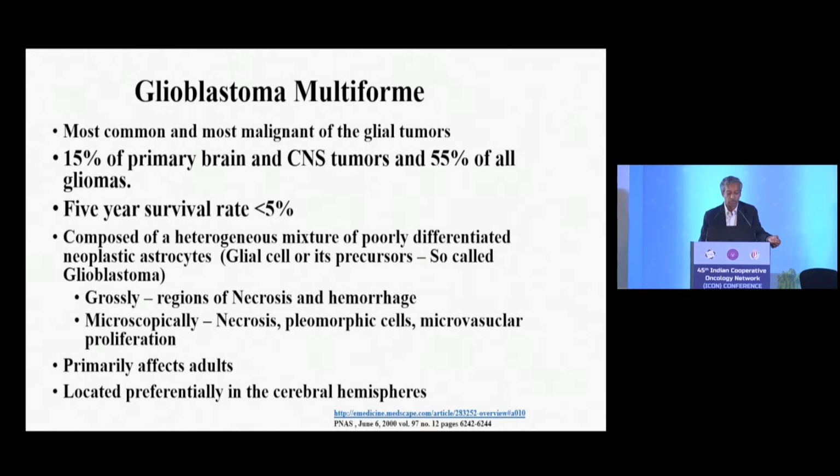This is composed of a heterogeneous mixture of poorly differentiated neoplastic astrocytes, glial or its precursors, so-called glioblastoma. Grossly, there are regions of necrosis and hemorrhage, and microscopically necrosis, pleomorphic cells, microvascular proliferation, primarily affecting adults, located preferentially in the cerebral hemispheres. So these are the salient features for the GBM.